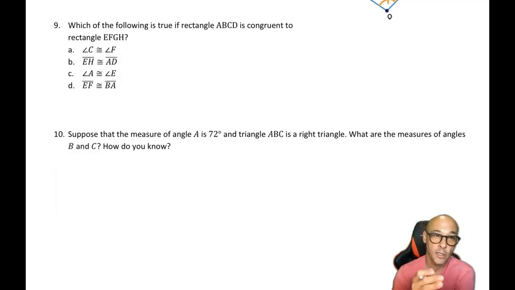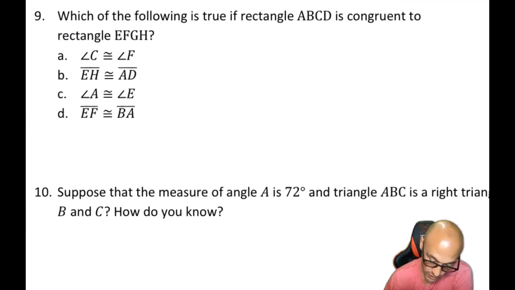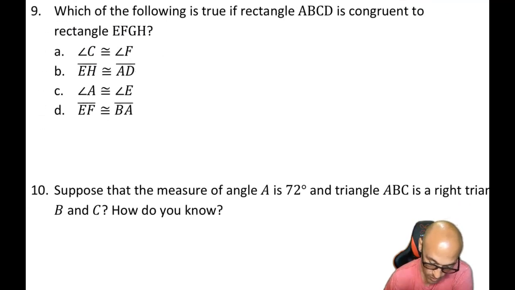So A corresponds to E, B corresponds to F, C corresponds to G, D corresponds to H. So the question is, are C and F corresponding angles? C is the third in the order, and F is the second in the order. So no, this is not true.